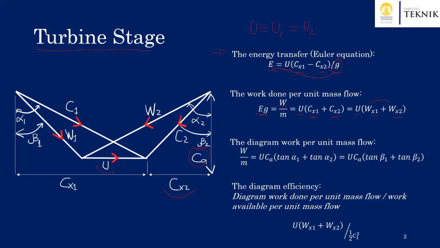So we can calculate the work per unit mass flow as a function of blade velocity, the axial velocity multiplied with the tangent of alpha 1 plus tangent of alpha 2, or we can look them from the relative flow angle at both inlet and outlet of the rotor.